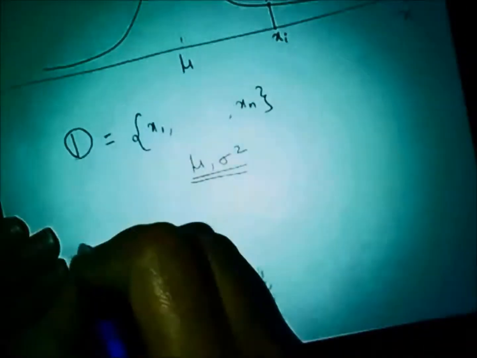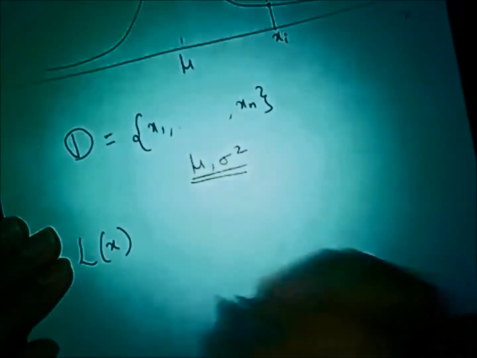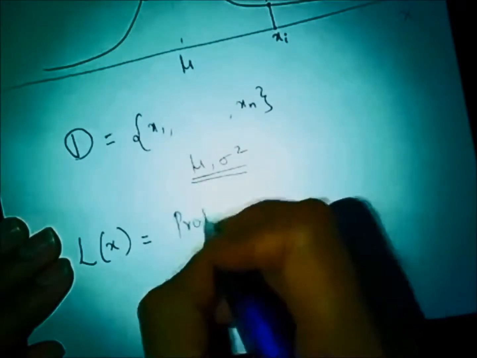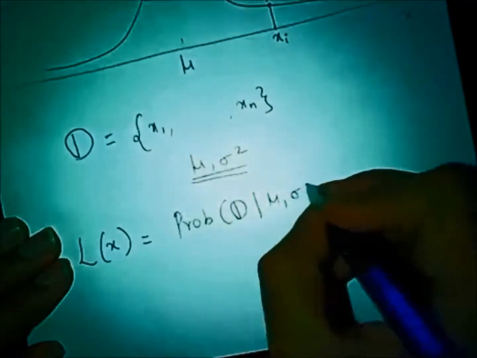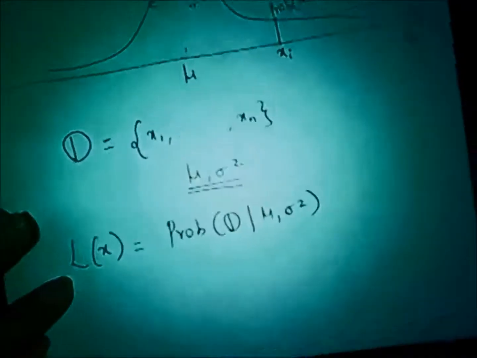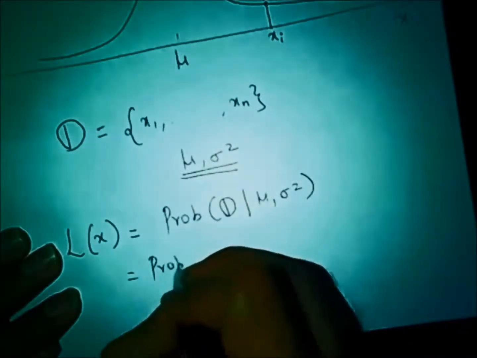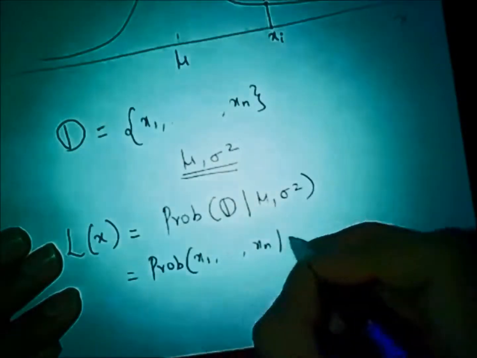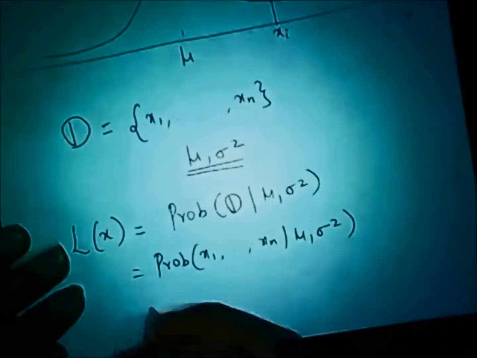So the first step in maximum likelihood estimation would be to write the likelihood function. So the likelihood function here is going to be, again, probability of getting D given mu and sigma squared. And this is going to be probability that we have obtained x1 until xn given mu and sigma squared.